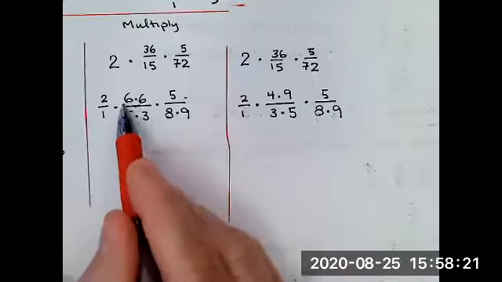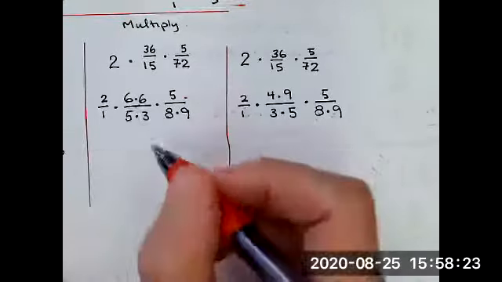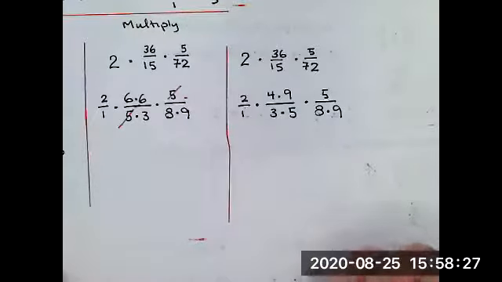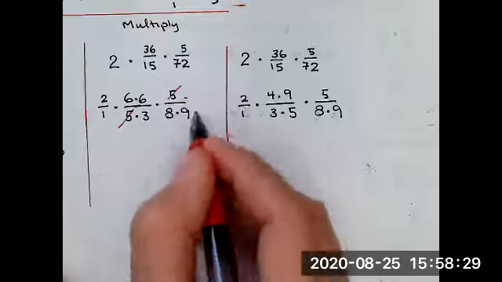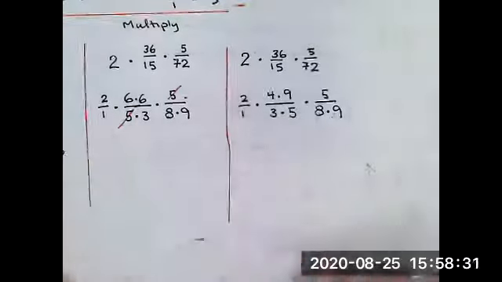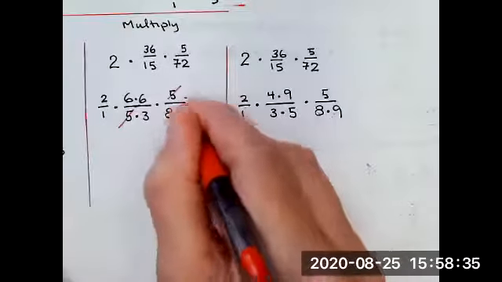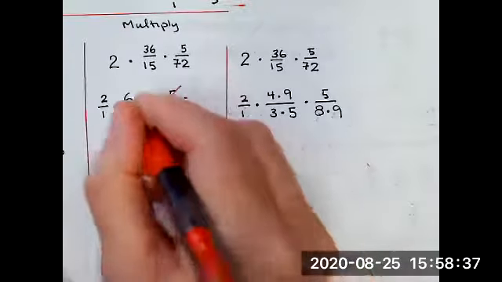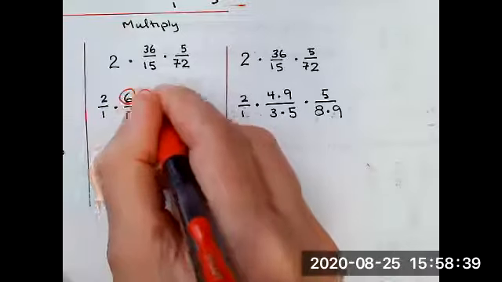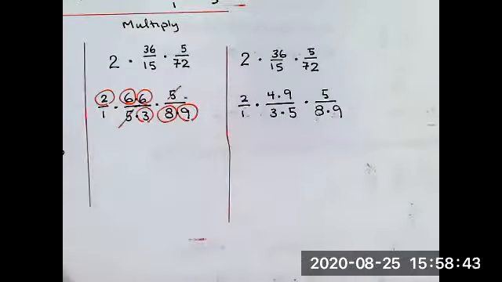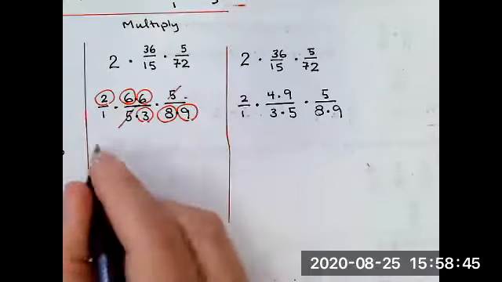So if I start with 6 times 6, I can reduce 5 over 5. And then you just check and say, am I done? And the answer is no. I can keep breaking things down. So I'm going to circle everything that's left just to make sure I don't leave anybody on the side of the road.